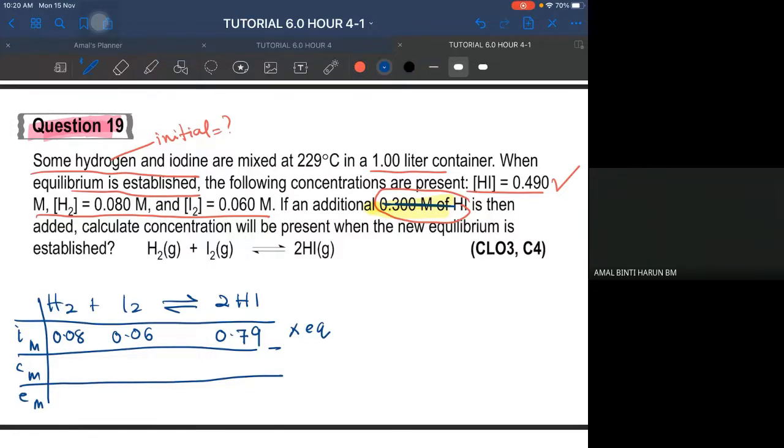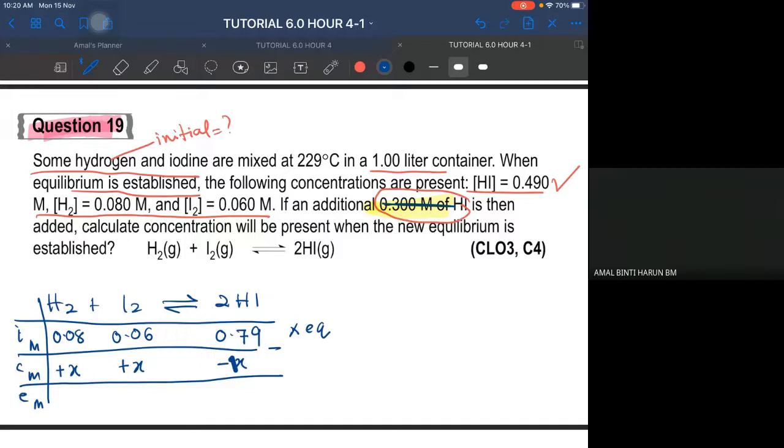So finally, kalau produk bertambah, lebihan produk akan ditukarkan kepada reactant. So it will shift to the left. That means ini akan berkurang kepada minus 2x. This one will increase by x, increase by x.